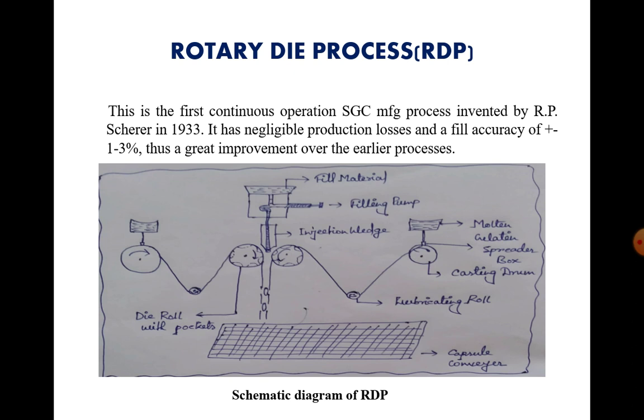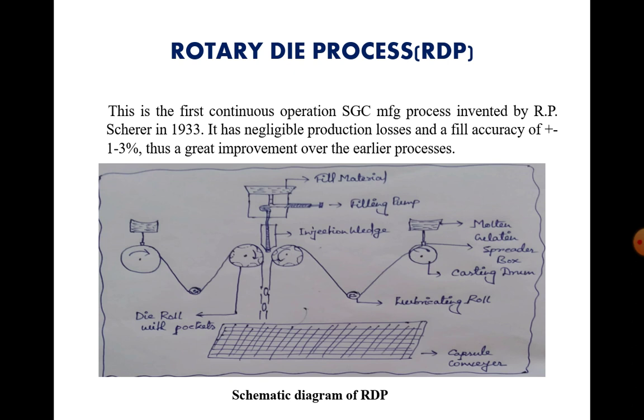In this process, gelatin films are prepared on two casting rolls which are lubricated and fed onto two oppositely rotating die rolls with die pockets. The plasticized gelatin ribbon is congealed over the die rolls by air cooling at 13 to 14 degrees centigrade temperature. Subsequently, vacuum is applied on the gelatin ribbons and it sets in the die pockets on the die rolls.